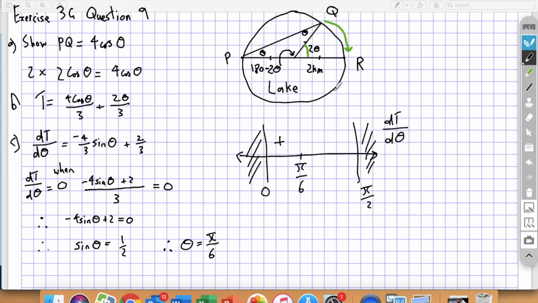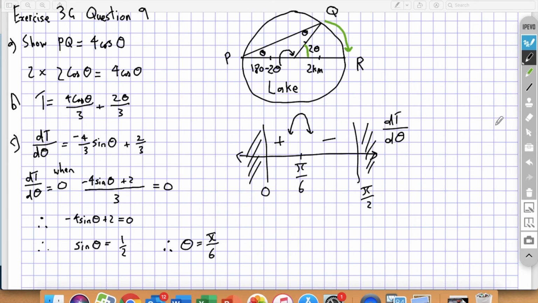Sine of pi on 2 is 90 degrees. Sine of 90 degrees, or sine of pi on 2, equals positive 1. So if that is positive 1, then I would have minus 4 on 3 plus 2/3. That would give me minus 2/3. This is a minus number. We actually have a maximum time when that angle is pi on 6, right?